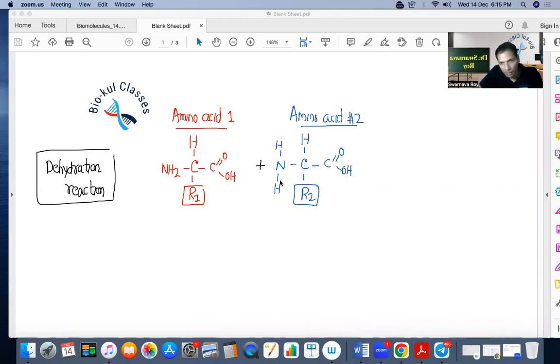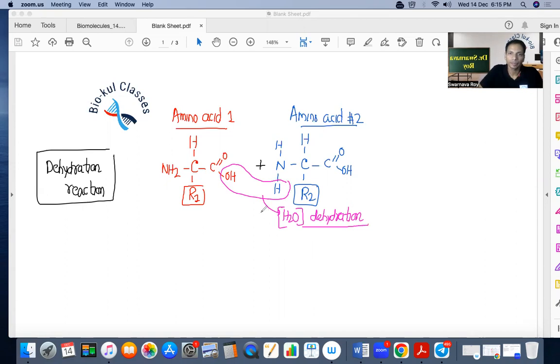Now, a hydrogen from this amino group of amino acid 2 and a hydroxyl from amino acid 1 are taken away, and this comes out as water. This is the dehydration reaction taking place.